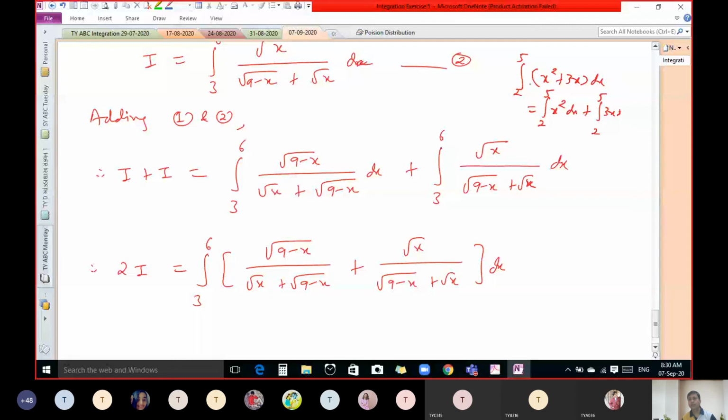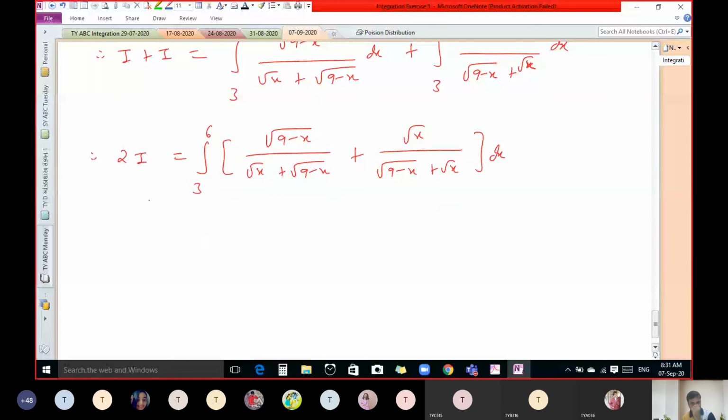If you can write this equal to this, then this equal to this is also possible. So if there is a question like this, you can separate it into two integrations. In the same way, if there are two separate integrations, you can club them. If you open this, obviously you will get the same thing.